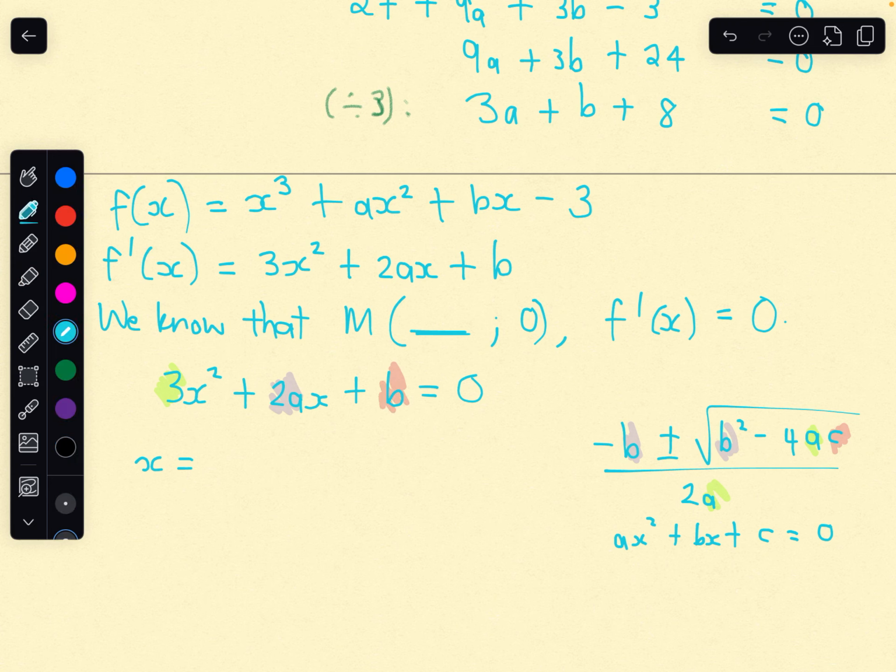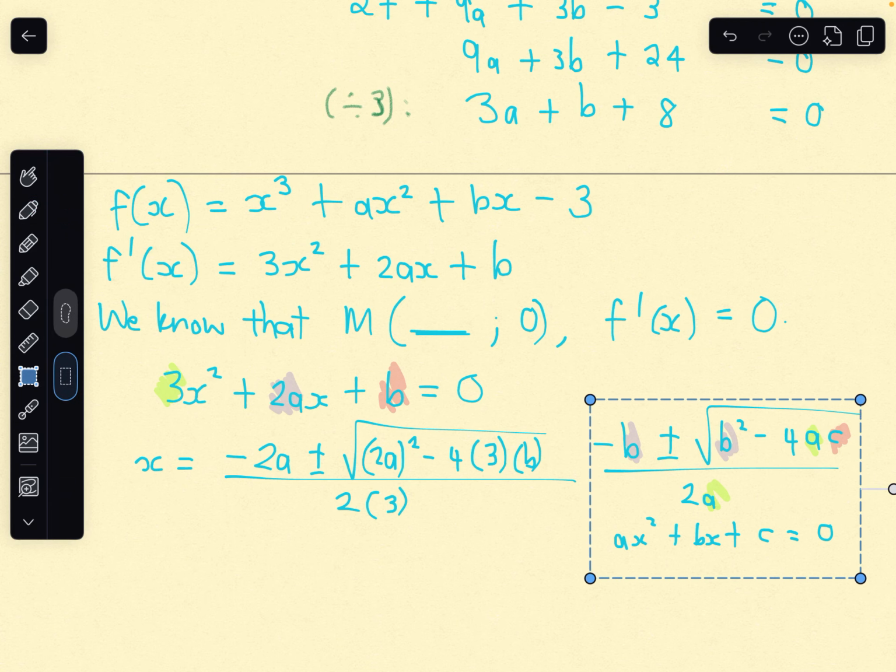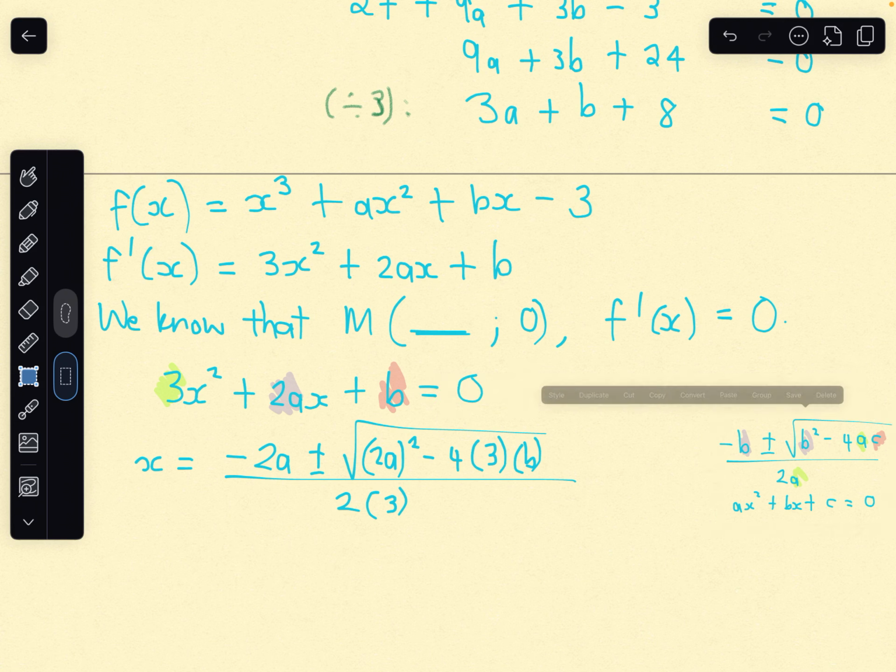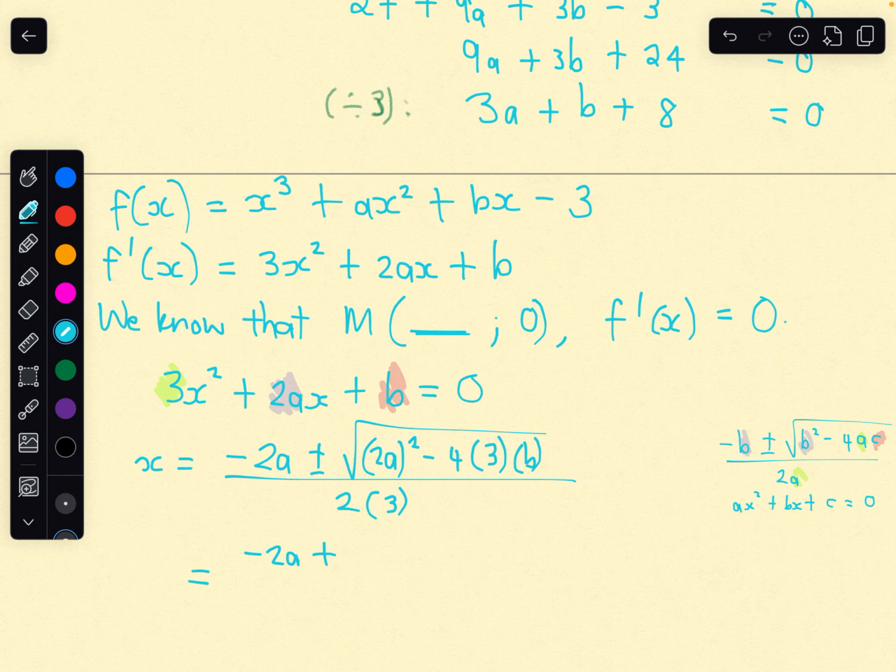Okay, right, so we have minus purple plus or minus the square root of purple squared minus 4 times green times red, divided by 2 times green. Okay, so this is minus 2a plus or minus the square root of 4a squared minus 12b, over 6.